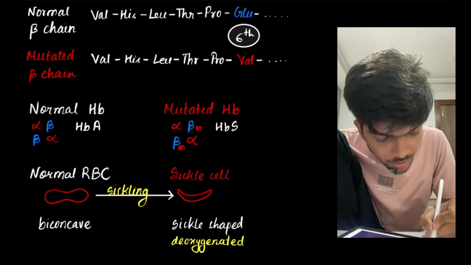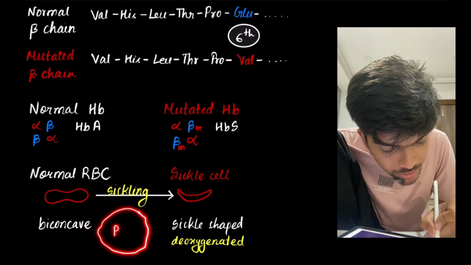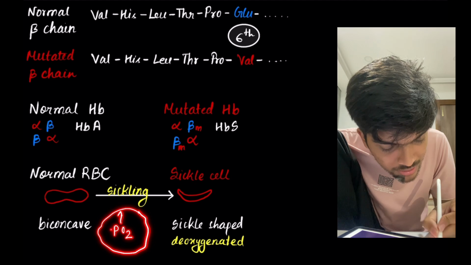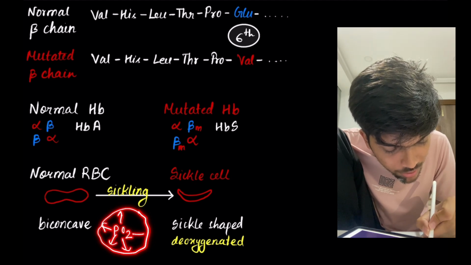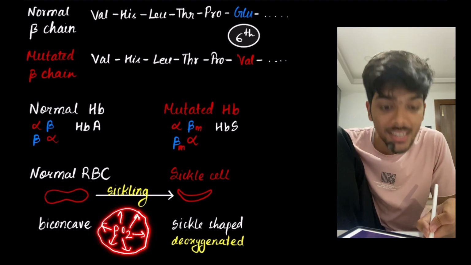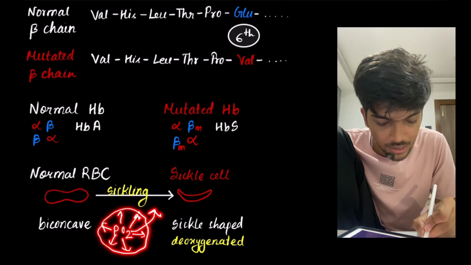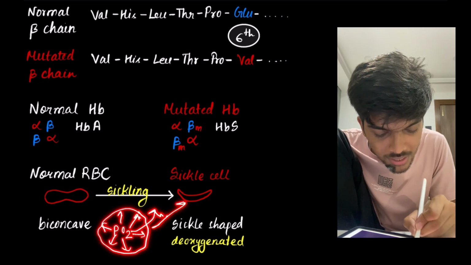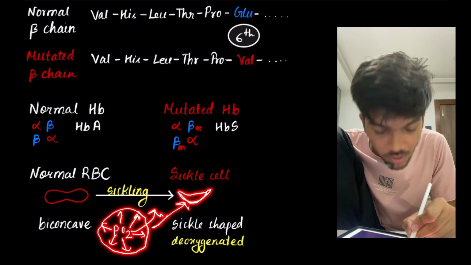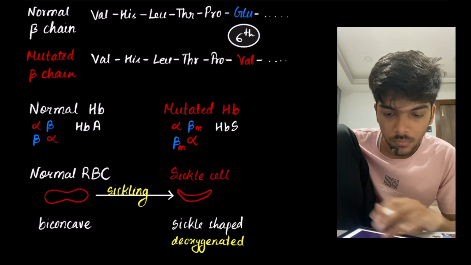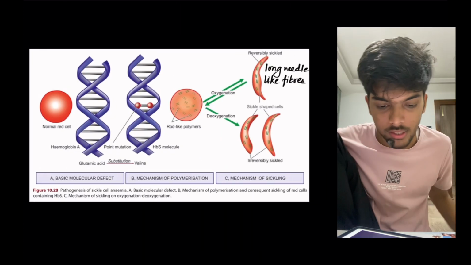When oxygenated, due to the partial pressure of oxygen inside, the RBC is distended. But when deoxygenated, carbon dioxide is taken out, and the RBC becomes sickle shaped in sickle cell anemia. This is what I mean.